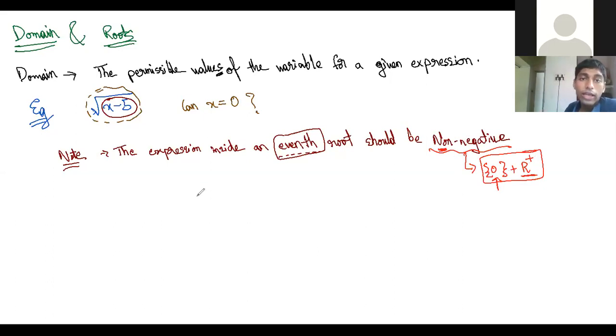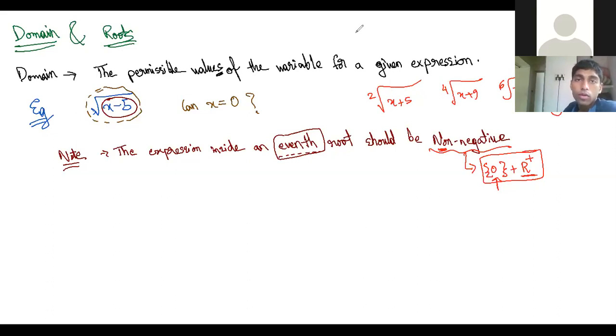Okay? Now the expression inside the even root. What do I mean by even root? This is actually called a square root, a second root. Similarly, you have the fourth root, the sixth root, or you can have the 100th root of some polynomial. The point is whatever is inside, that quantity should be non-negative.